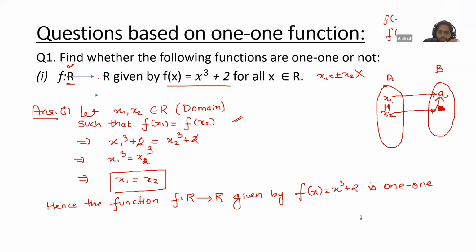Will you please repeat the question, Shravya? Before proving x1 is equal to x2, the value of x1 cube is equal to x2 cube, right? Yes. This is because of this equation. In the equation, we have x1 cube is equal to x2 cube. That's why we have written again x1 cube is equal to this. Then we find the cube root. That's why we are getting x1 is equal to x2.